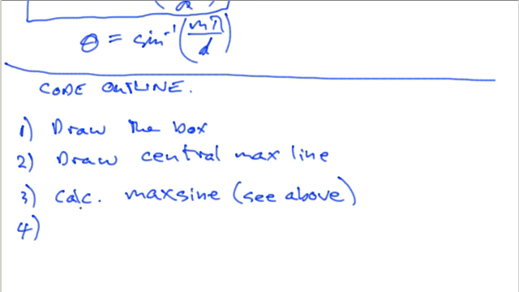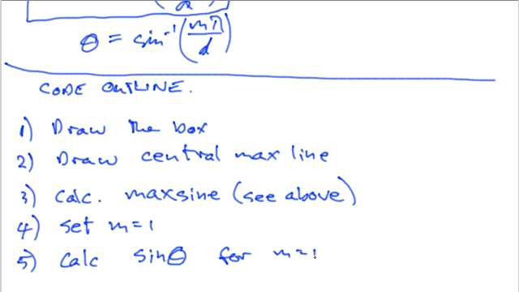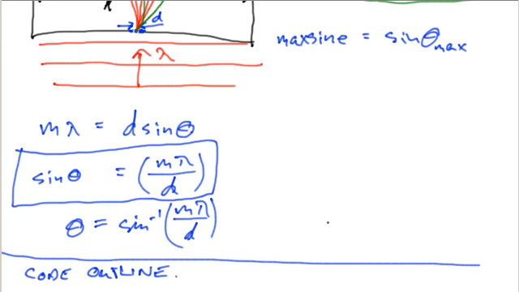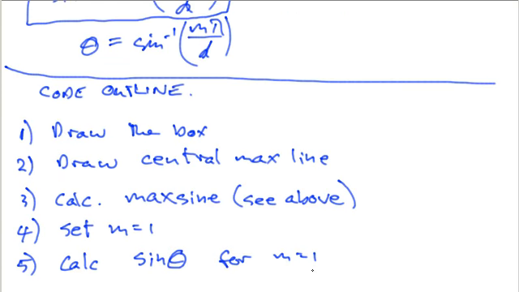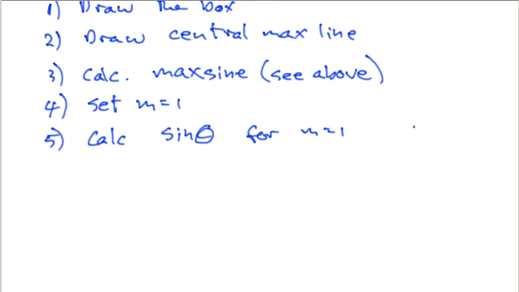Then, I'm going to set m equal to 1 and calculate the sine of theta for m equals 1. I think that'll pretty much do it for getting ready for calculating the m equals 1 line.